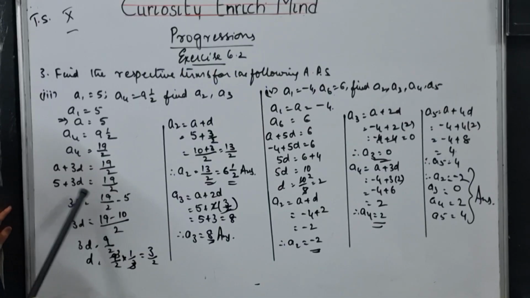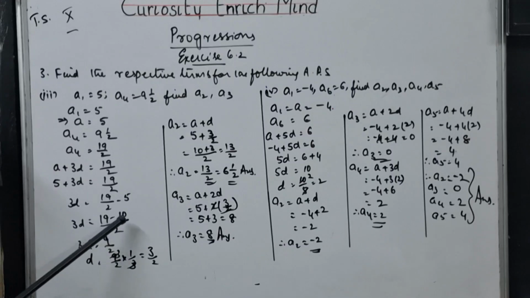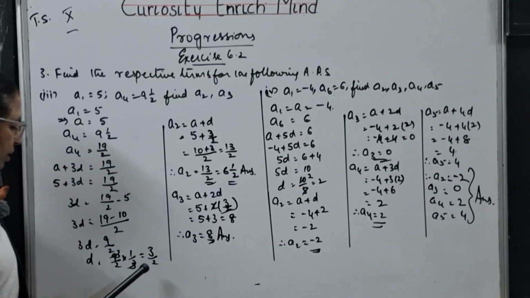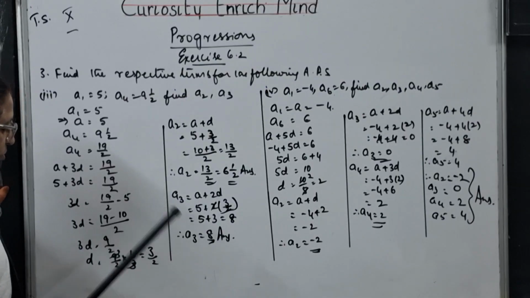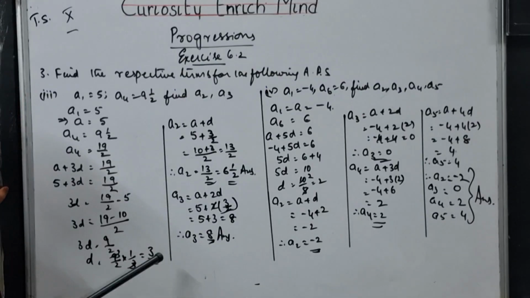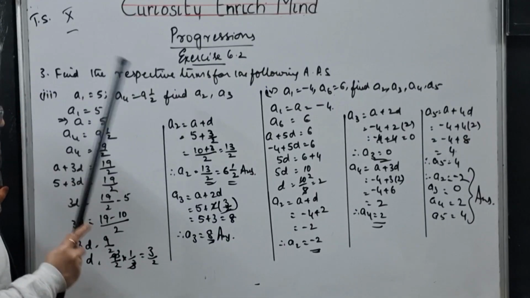3D is equal to 19 by 2, and 5 being added becomes minus. That is 3D is equal to, LCM is 2 here, 19 minus 10 by 2. 3D is 19 minus 10, which is 9 by 2. D is what? 9 by 2 into the reciprocal of 3, 1 by 3. So 3 threes are 9, so we are getting 3 by 2. So D is 3 by 2, A is 5.